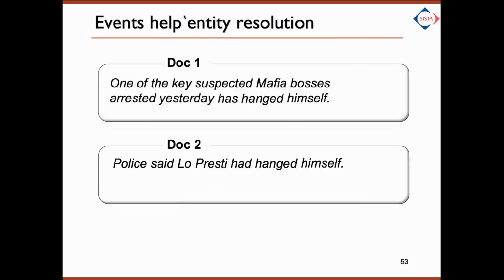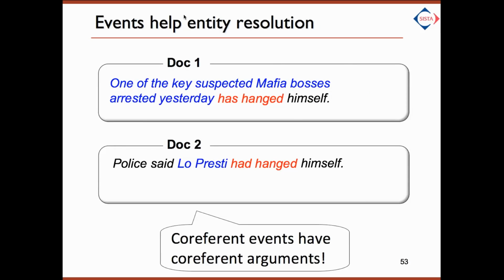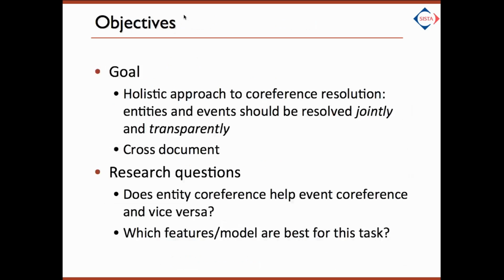Okay, so the goal is to have a holistic approach that resolves entities and events jointly and transparently, because I don't want to open Pandora's box on what's an event. I want to deal with nouns and verbs consistently. So, research questions: can we prove that entity information helps event resolution and vice versa, and which features and model are best?